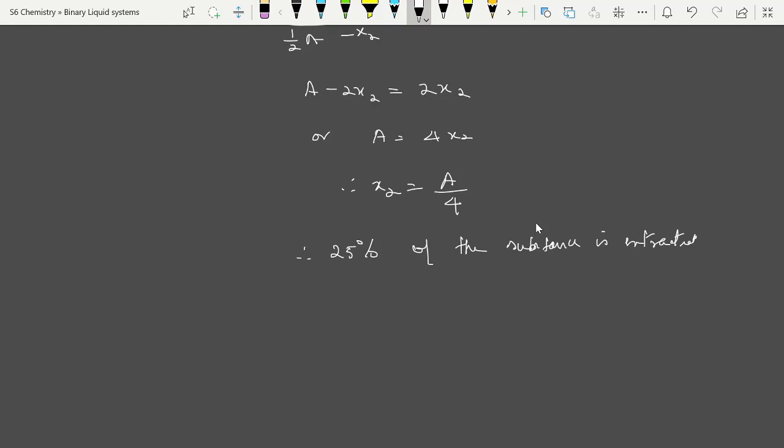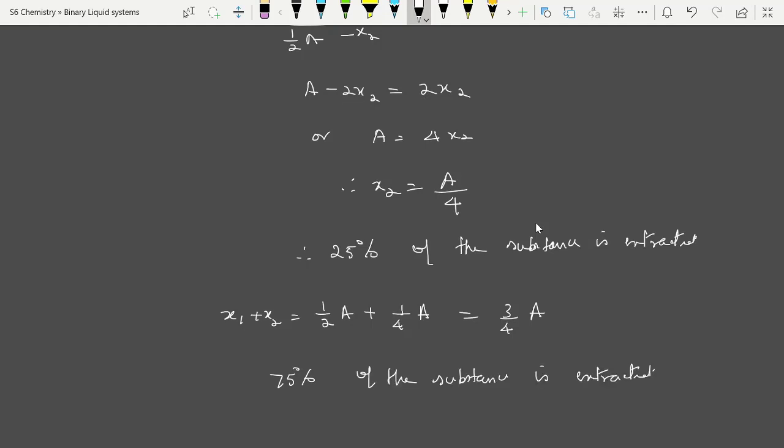So totally, using 100 ml in two lots, 50 ml and 50 ml, amount extracted will be x1 plus x2, which is equal to half A plus 1 by 4A, which is equal to 3 by 4A, that is 75% has been extracted.